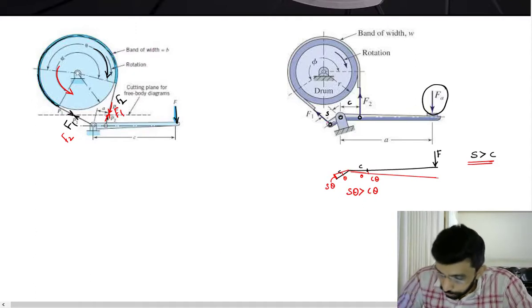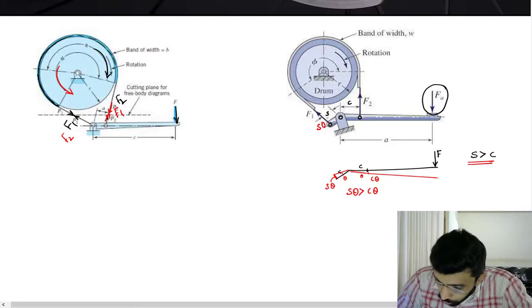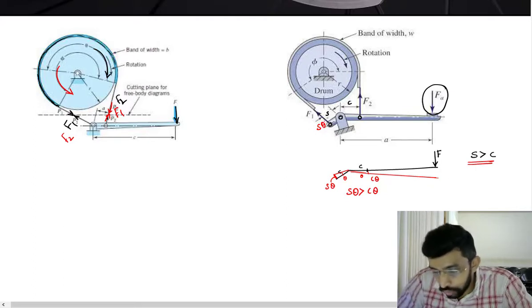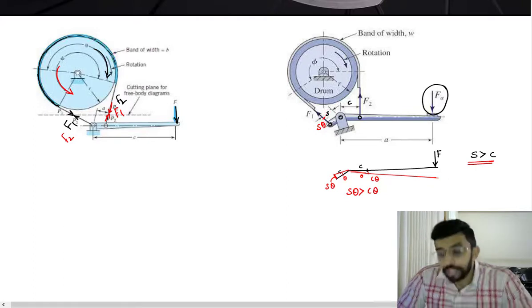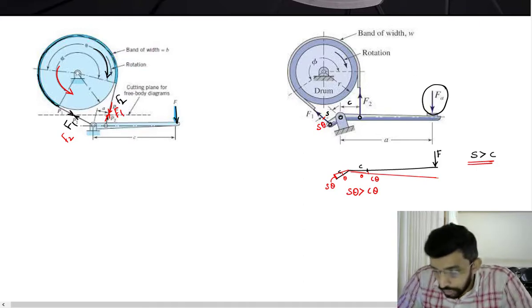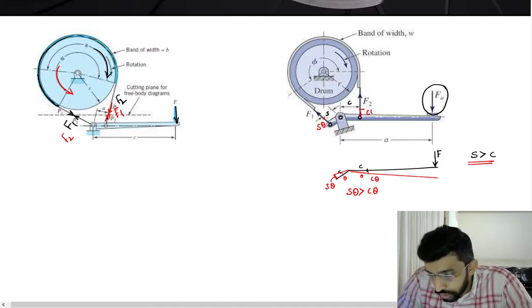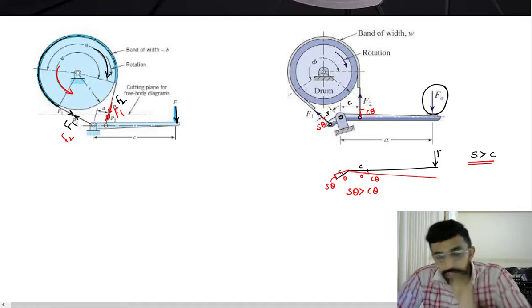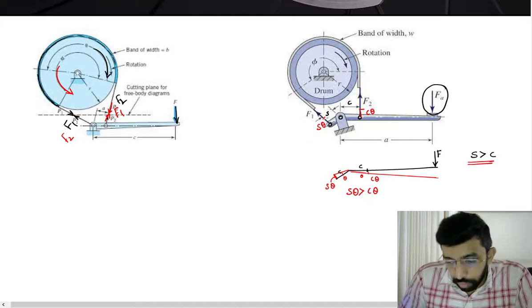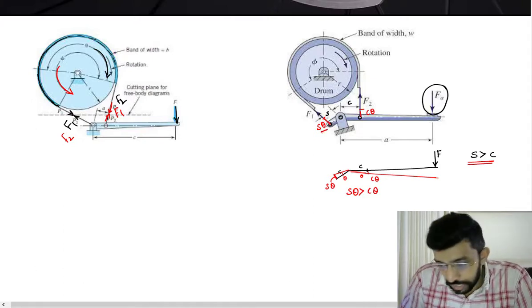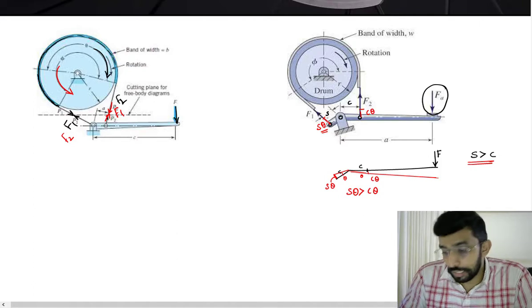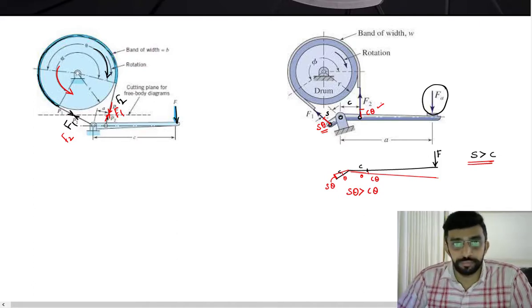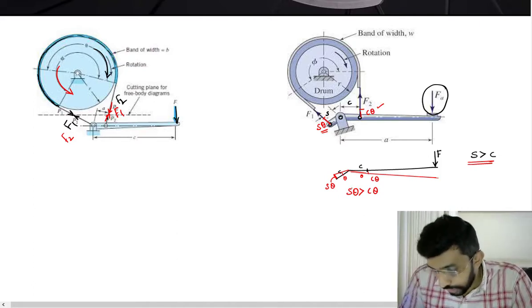Now look here. It is going to lose belt S theta on this side, and on this side it is going to tighten C theta. You have to understand that the amount of belt that is loosened on the left hand side is not tightened on the right hand side. Once again, S theta is more compared to C theta.